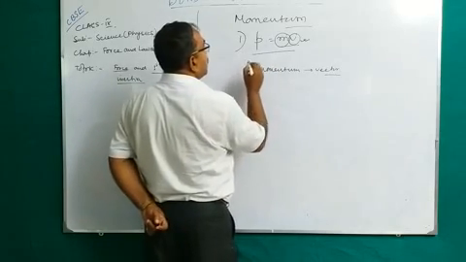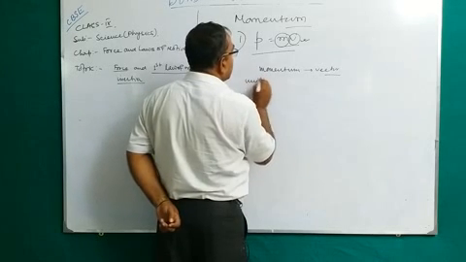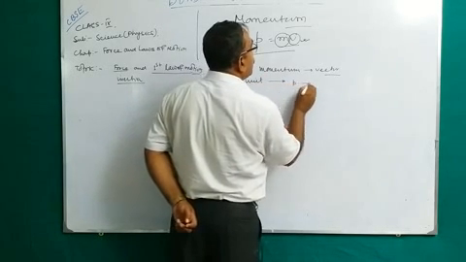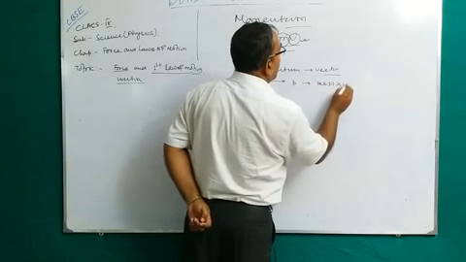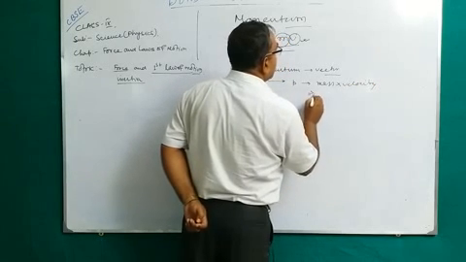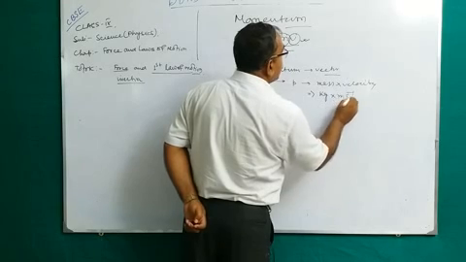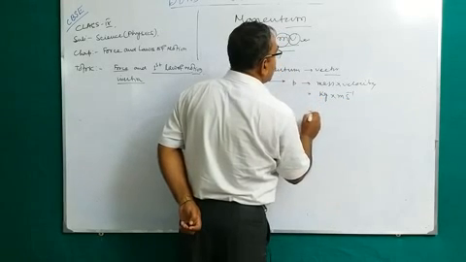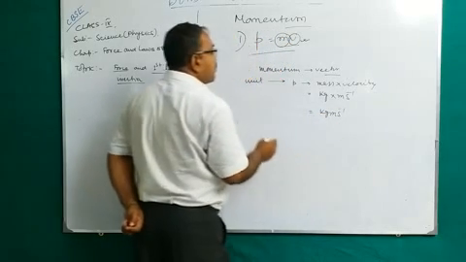Next part. Unit of momentum is mass into velocity. Unit of mass is kg, velocity is meter second to the power minus 1. So that is equal to kg meter second to the power minus 1.